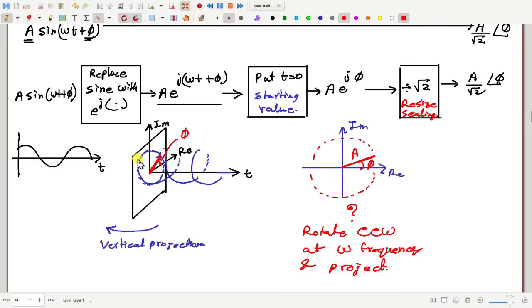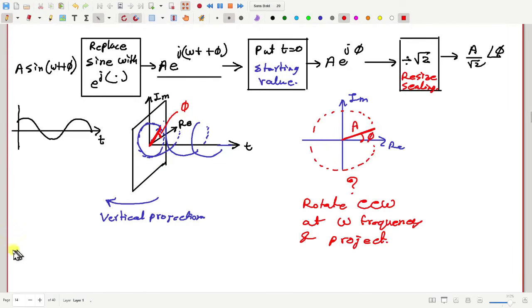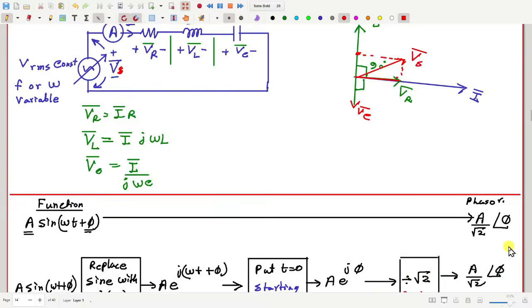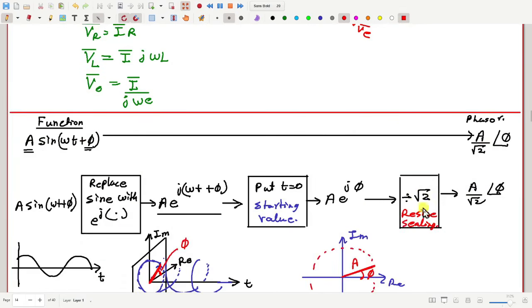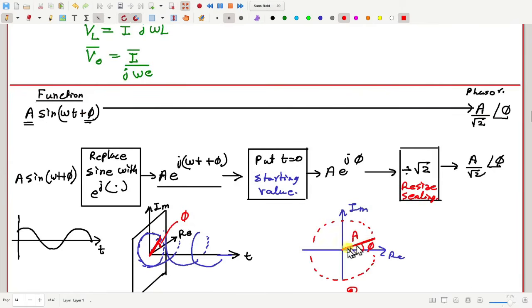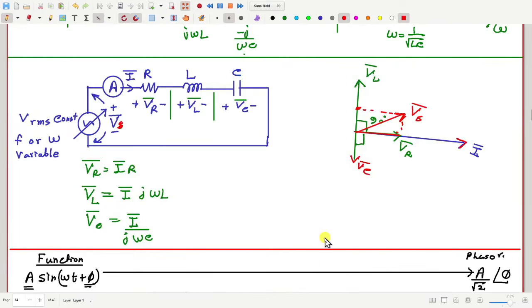Now after this discussion, if I go back to the phasor diagram we drew earlier, here we have a current and a few voltages. These lines represent just the initial vectors, which we have to rotate counterclockwise and project to get the original function.